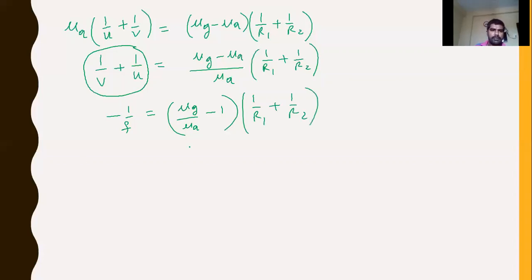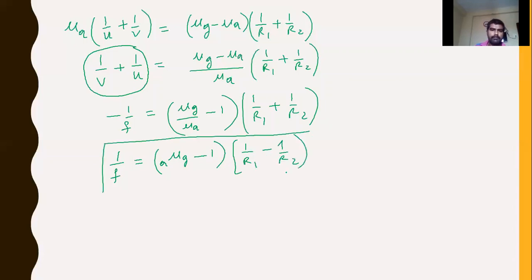Now taking this negative sign to the other side, you can write 1 by F is equal to mu G A, the relative refractive index of the glass with respect to air, into 1 by R1 minus 1 by R2. This is the final expression for the Lensmaker equation.